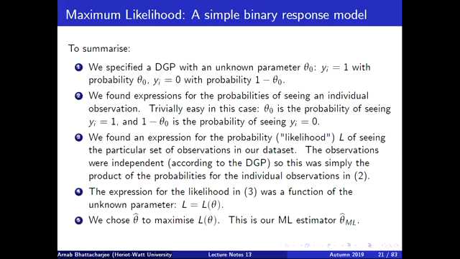To summarize, we specified a DGP with an unknown parameter. We found expressions for the probabilities, and then we interpreted the probability as a likelihood, as a function of the unknown parameter, and then maximized it. We chose theta that maximizes this guy.